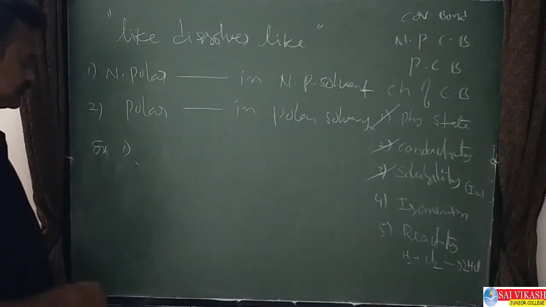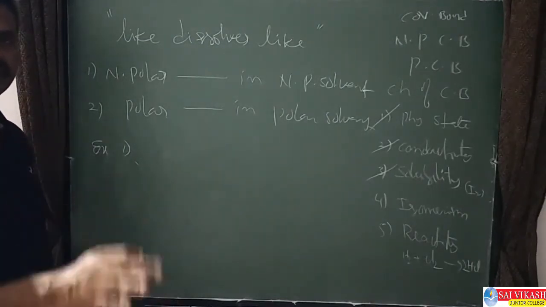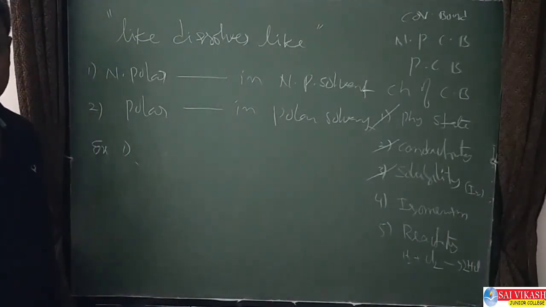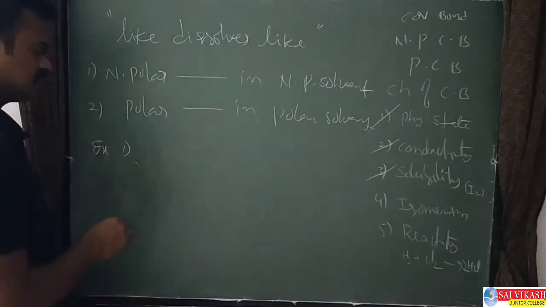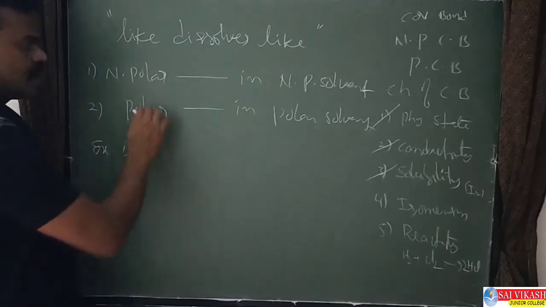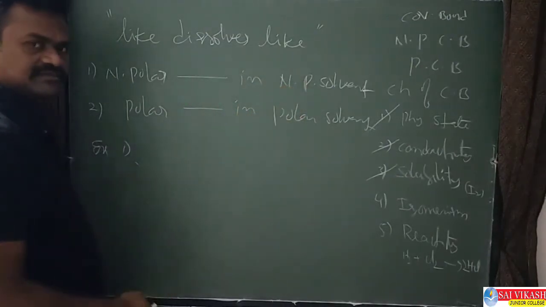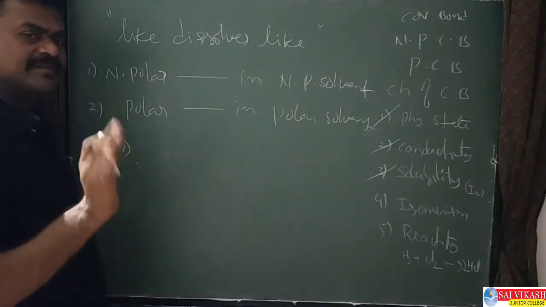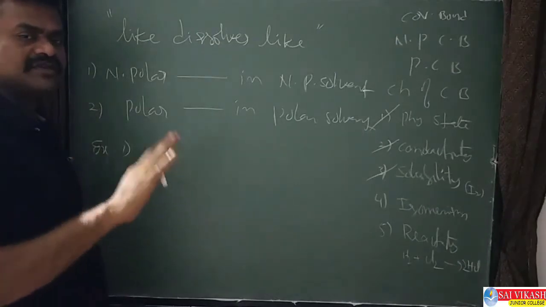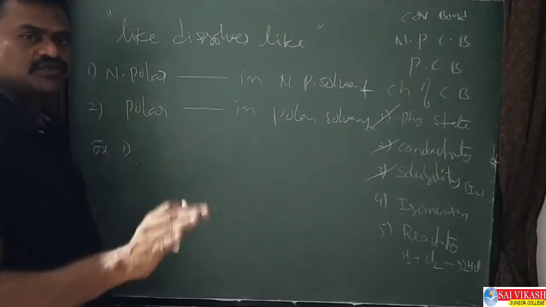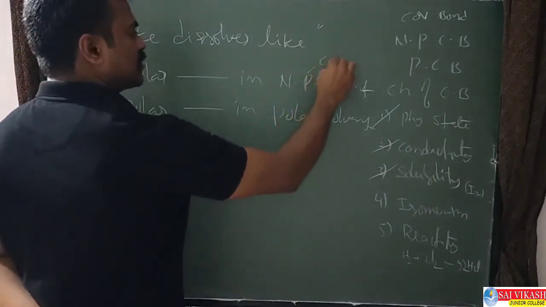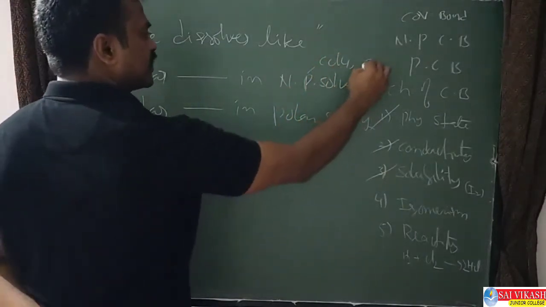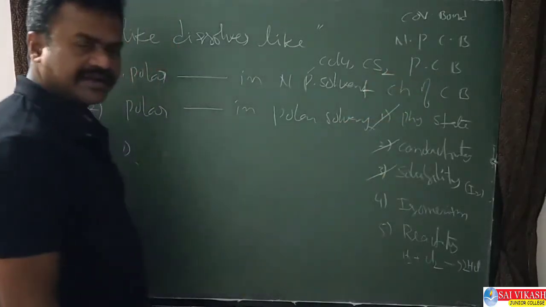See, the example of the first one. If it is non-polar, non-polar substances are soluble in non-polar solvents. What are famous non-polar solvents? The ones frequently used: carbon tetrachloride, carbon disulfide.